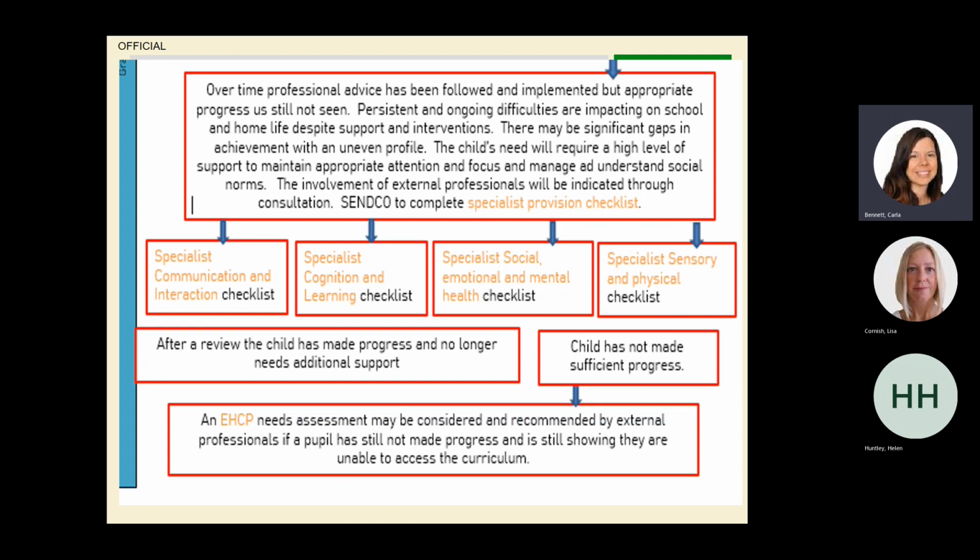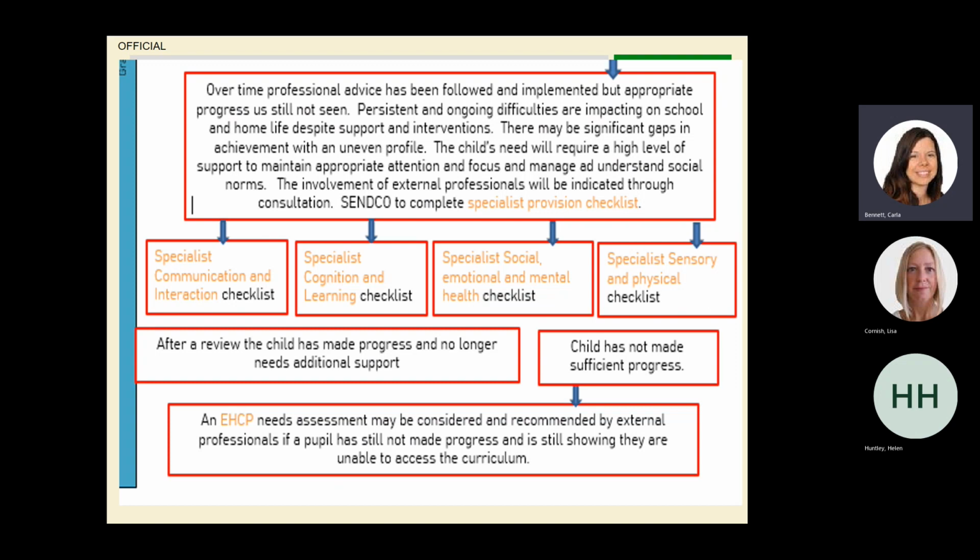The involvement of external professionals will be indicated through consultation. So the SENCO would need to complete the specialist provision checklist. So again, there's the specialist checklist for each of those areas of need. And then again, we need some time for the child to be able to use these interventions, do that in school, and then monitor the progress as we go through.